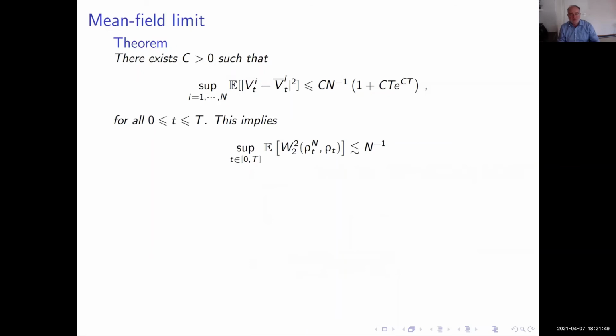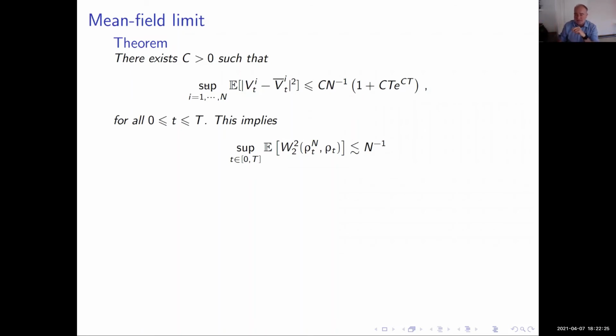As I mentioned to you, one of the crucial steps then is to prove this quantitative mean field limit. Quantitative means that you have a rate of convergence with respect to the number of particles. And the way you do it is by proving that the multi-particle system keeps very close to multiple monoparticle realizations as soon as the number of particles is sufficiently large.